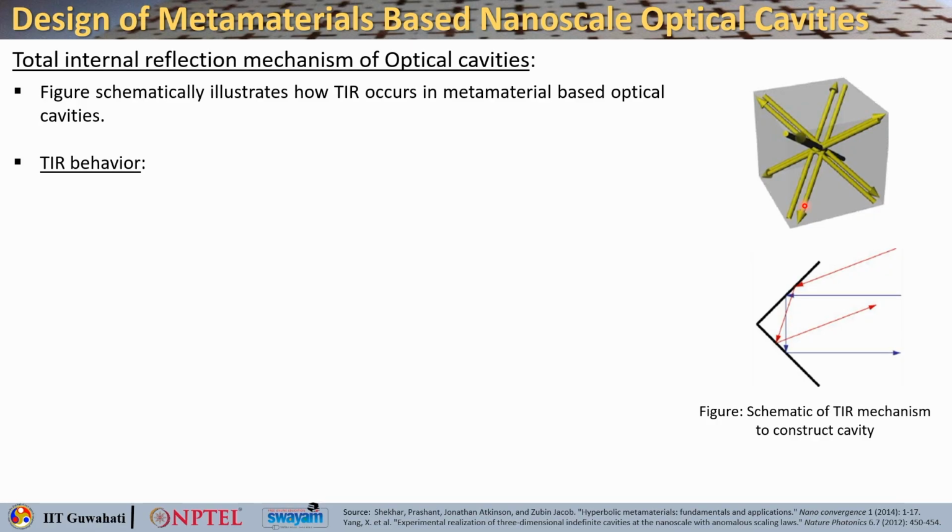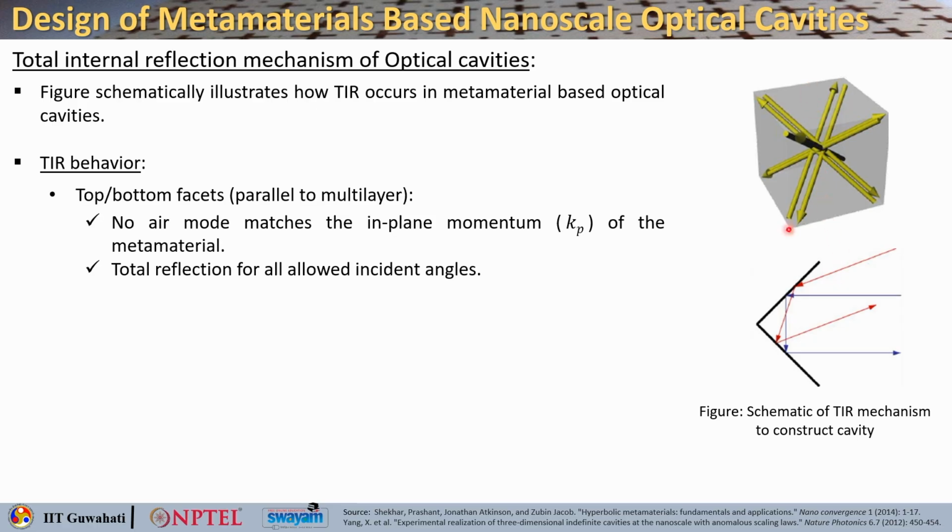For the top and the bottom facets, which are basically parallel to the multilayer, you will see that no mode in air matches the parallel momentum in this indefinite medium, okay. So, these facets will basically reflect light from all allowed incident angles. So, there is no issue with the top and the bottom one, right.